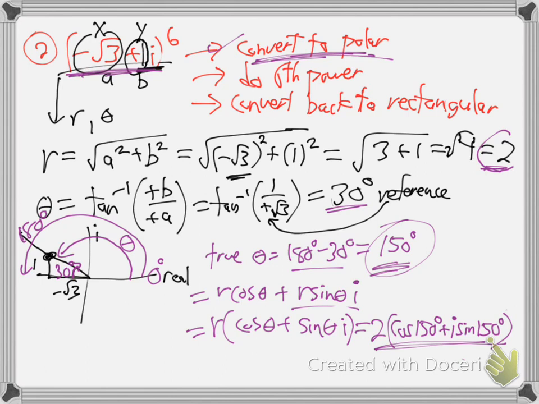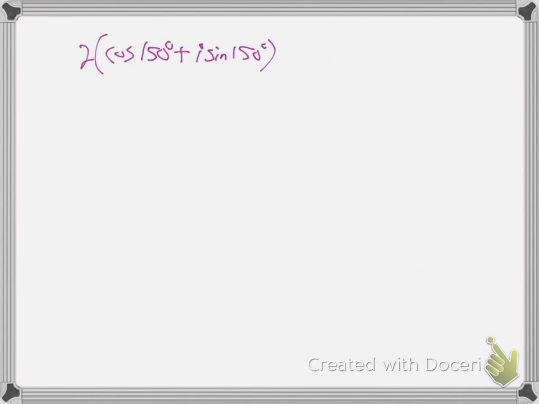Okay, so what? Well, you're supposed to take that complex number to the 6th power. So now I take this complex number to the 6th power. Do you know how to take that complex number to the 6th power? Yeah, you say, okay, 2 to the 6th. That's normal enough.